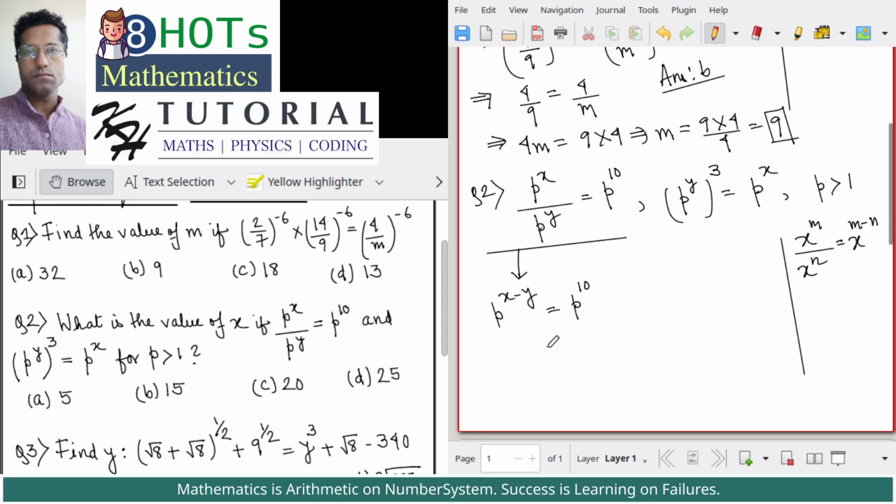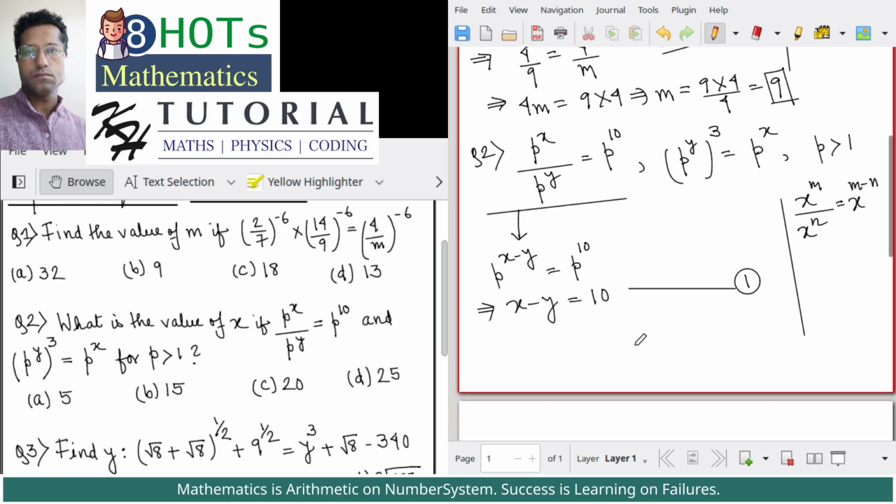Okay. So we see that in this equation the LHS and RHS are both exponential terms with the same base p. So I can equate the powers, and I have x minus y is equal to 10. Let this equation be 1. So we got x minus y is equal to 10 from the first equation.